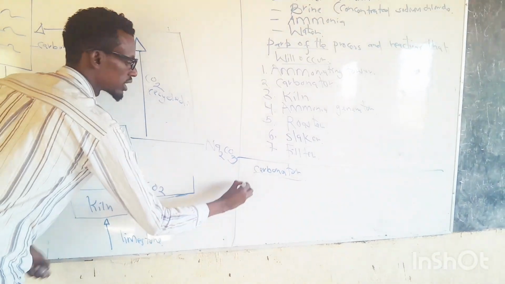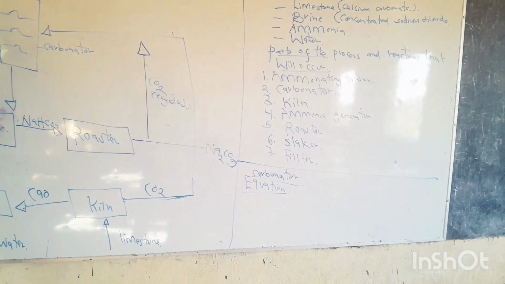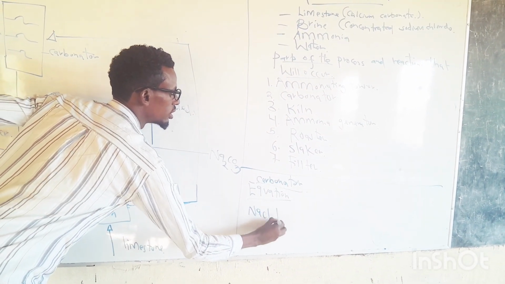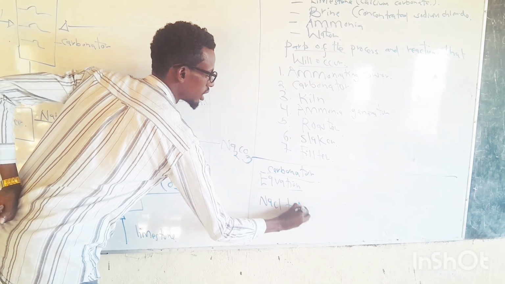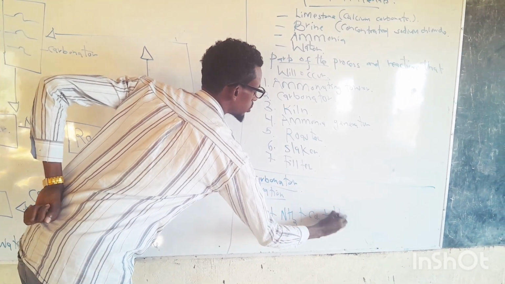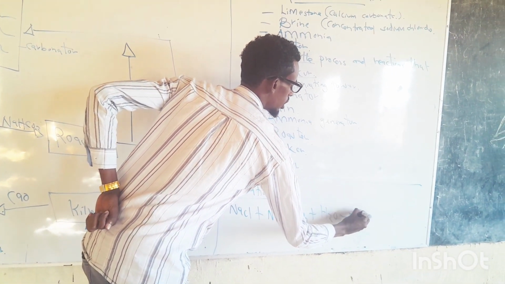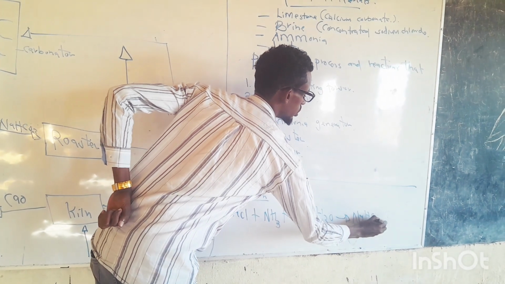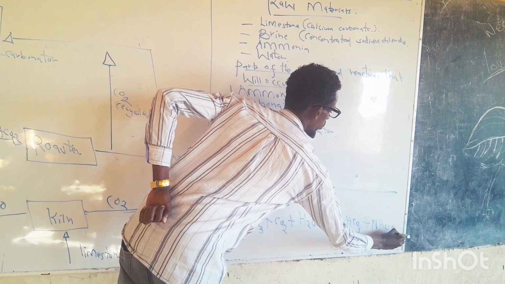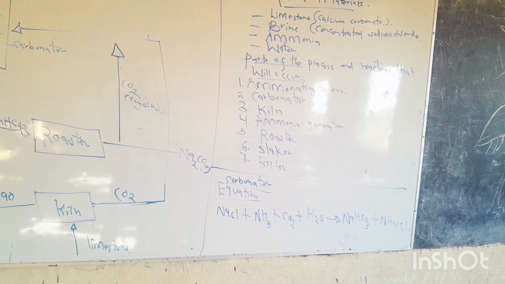The equation in the carbonator: sodium chloride reacts with ammonia plus carbon dioxide plus water to produce sodium hydrogen carbonate and ammonium chloride.